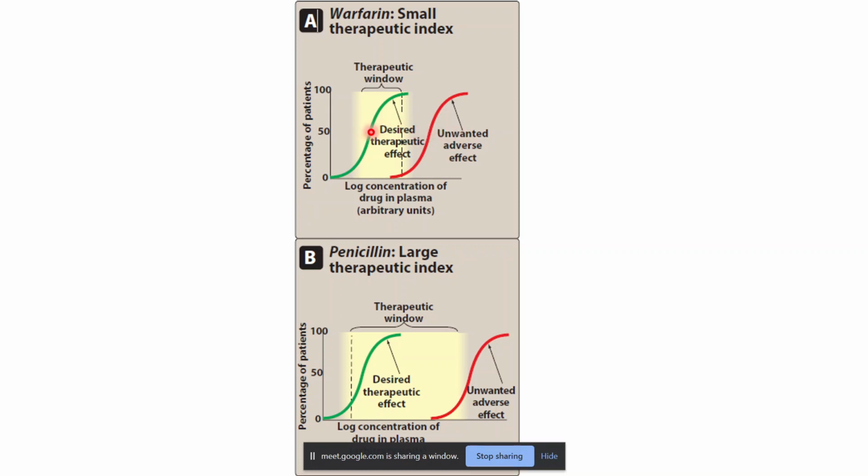So the larger the difference, the wider the therapeutic window. For warfarin, for example, it's very narrow, and for penicillin it's much wider. So the wider the therapeutic index, the more safety, and the drug is safer, and that is why these drugs are the preferred ones.